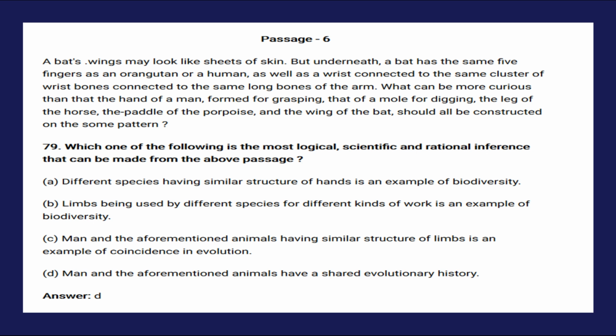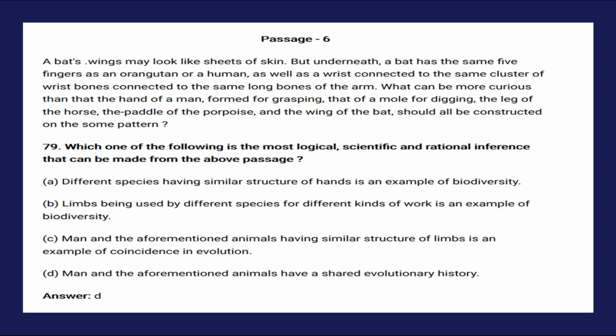Next, passage 6. A bat's wings may look like sheets of skin, but underneath, a bat has the same 5 fingers as an orangutan or a human, as well as a wrist connected to the same cluster of wrist bones connected to the same long bones of the arm.